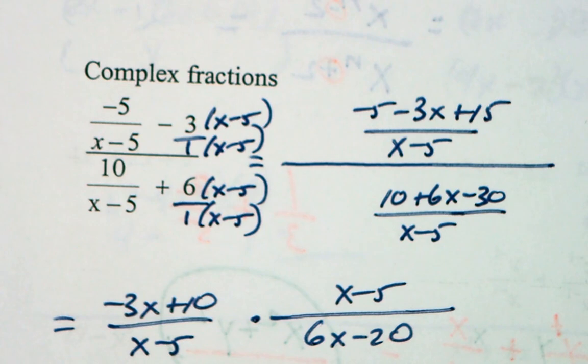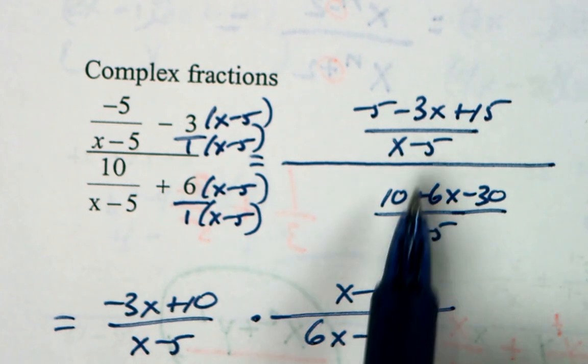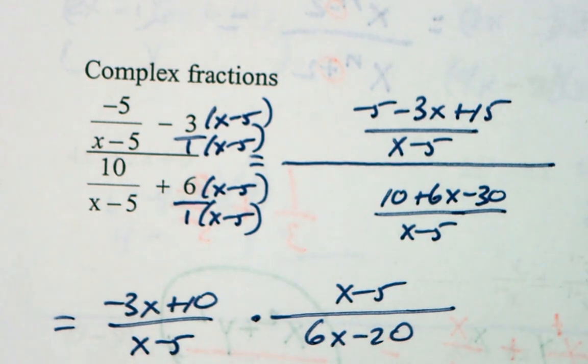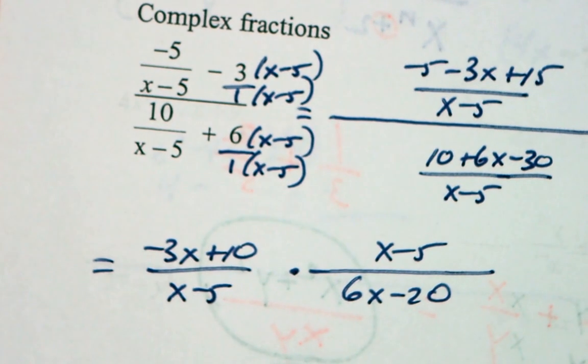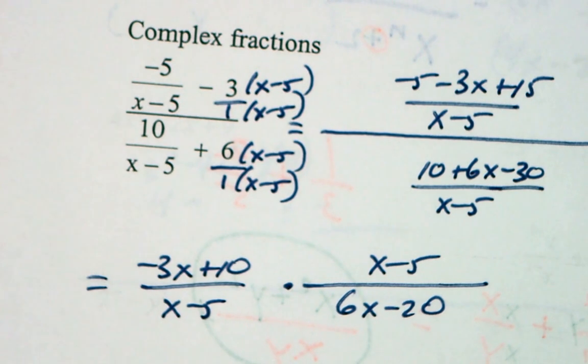So what two steps did I do? Simplified and then flipped and multiplied. I'm trying to learn from my own mistakes here and not hurry so much. Here we go.